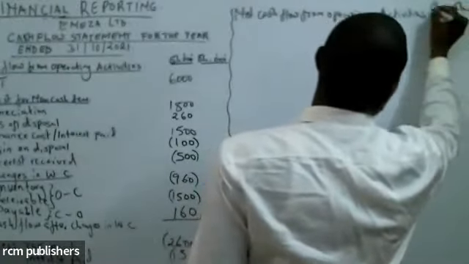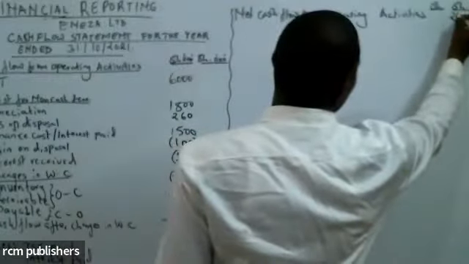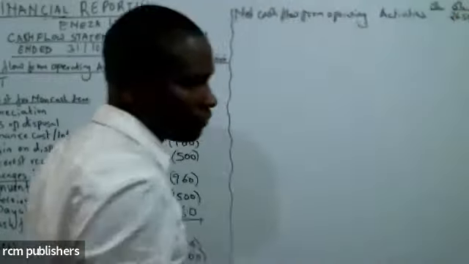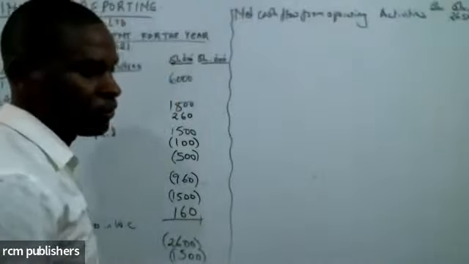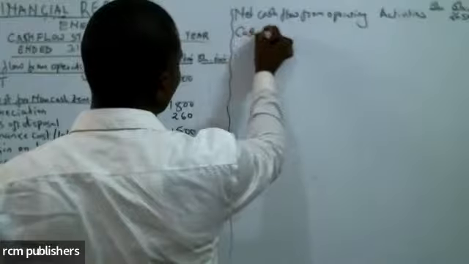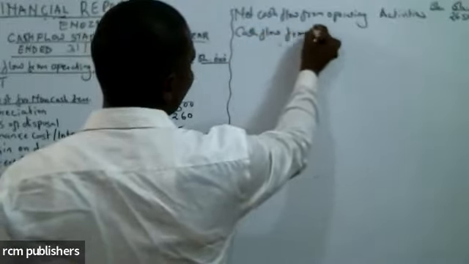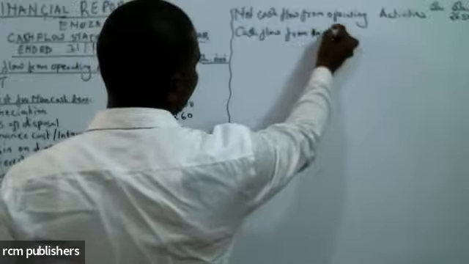So we shall put it on the record column. It is 2650. Thank you. Then we go to cash flow from investing activities.